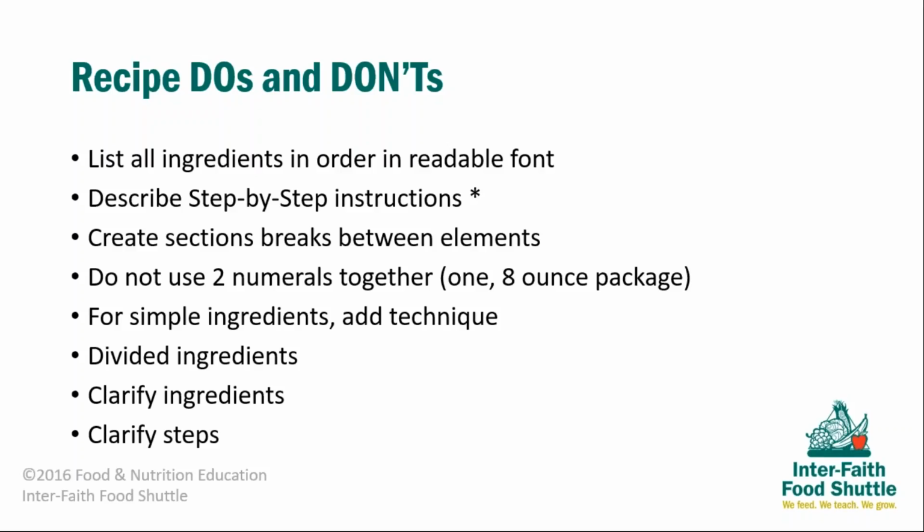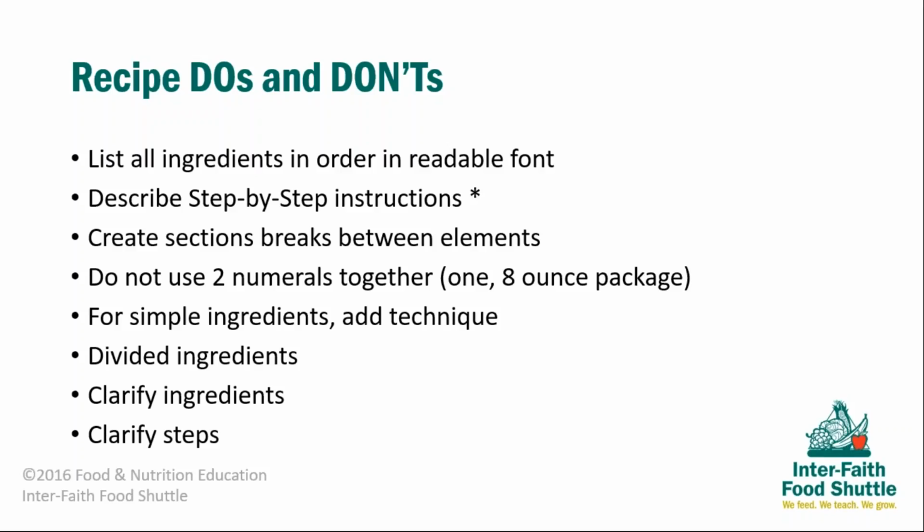It's important to not use two numerals together because this can get very confusing visually, and you can do this one of two ways. You can either use parentheses, so that you would have the numeral 1 and then an 8-ounce written in parentheses, and then write package or can or whatever the item comes in.